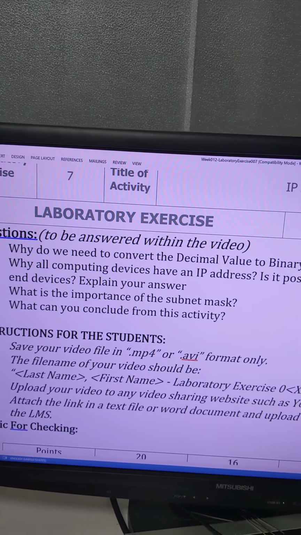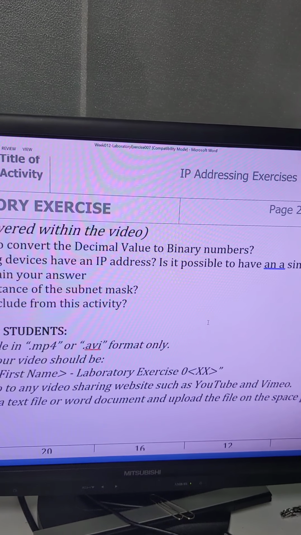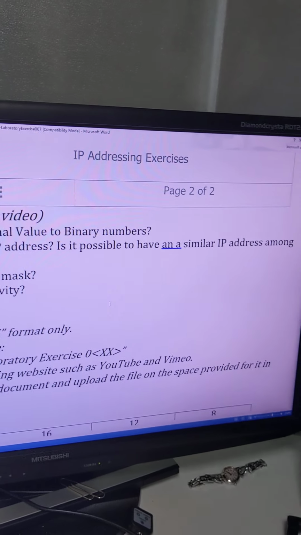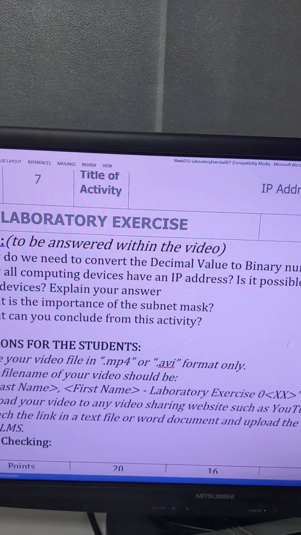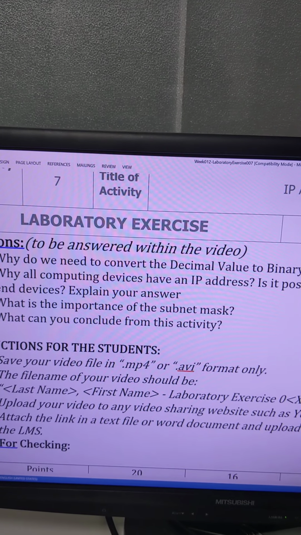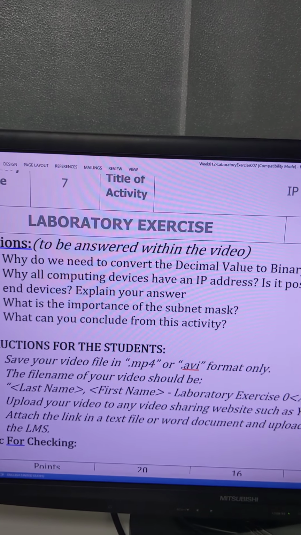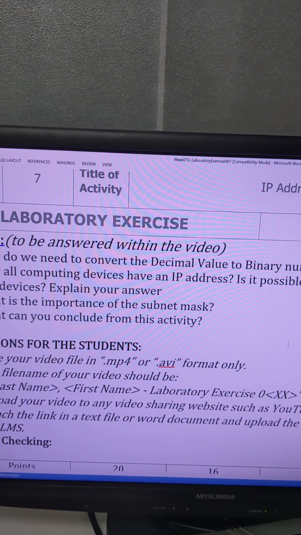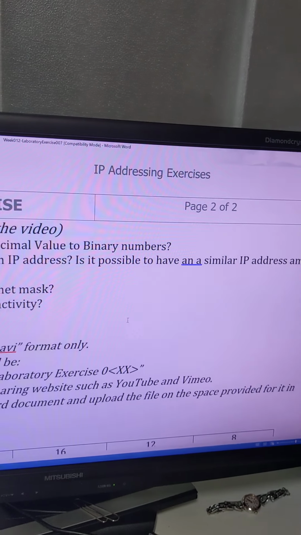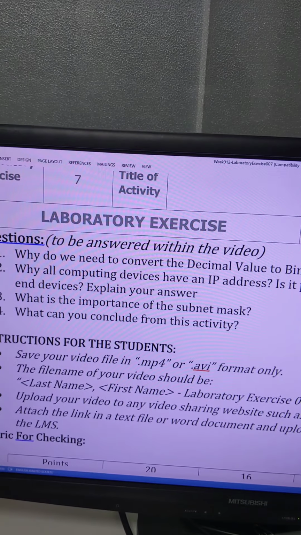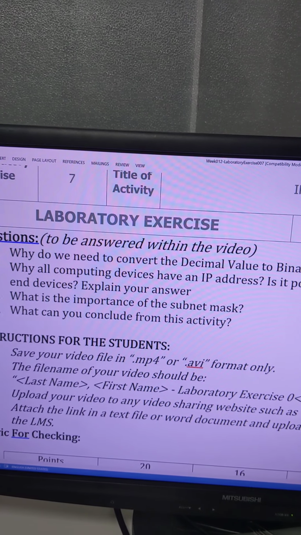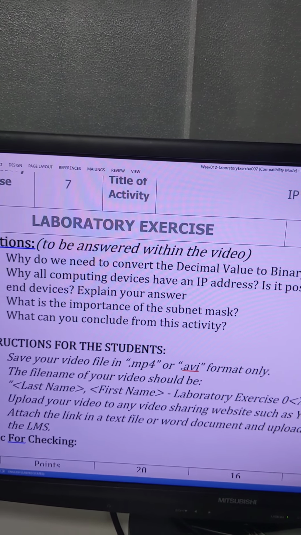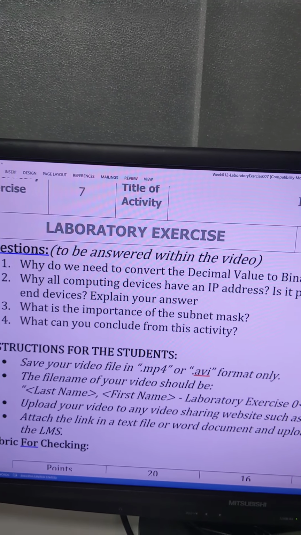Why do all computing devices have an IP address? Is it possible to have a similar IP address among end devices? Explain yourself. It is not possible to have a similar IP address, since they would have an IP conflict. From all the networking laboratories we did before, we found that out already.